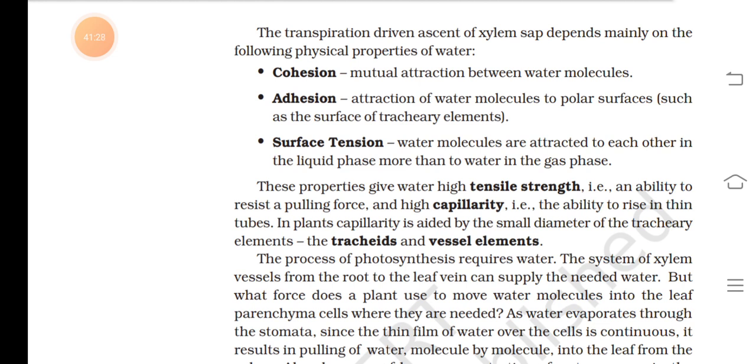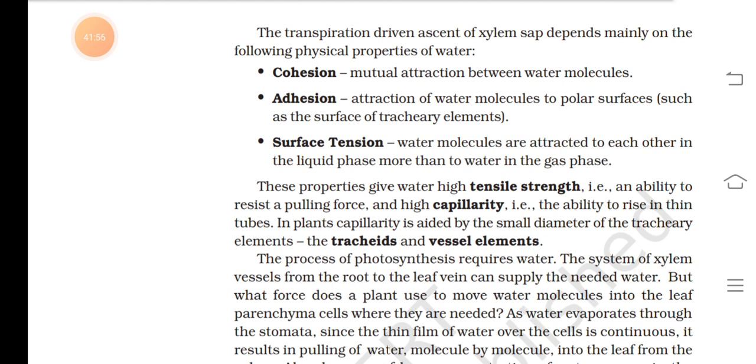Water molecules are attracted to each other in the liquid phase more than to water in the gas phase. These properties give water high tensile strength, that is, an ability to resist a pulling force, and high capillarity, that is, the ability to rise in thin tubes. In plants, capillarity is aided by the small diameter of the tracheary elements, the tracheids and the vessel elements.